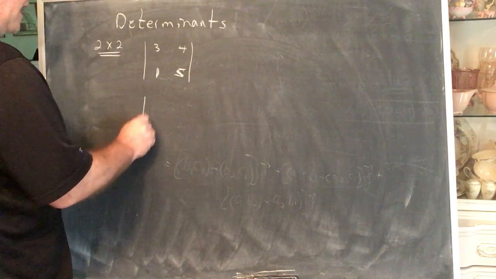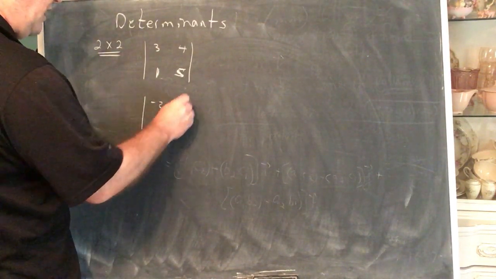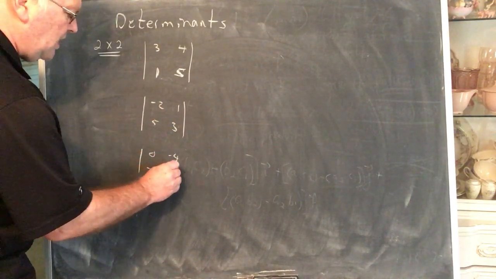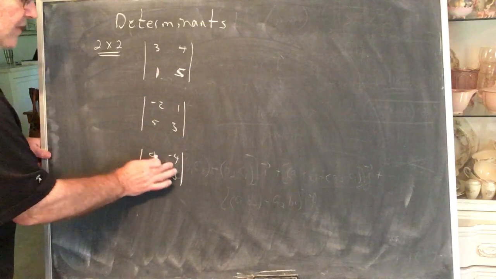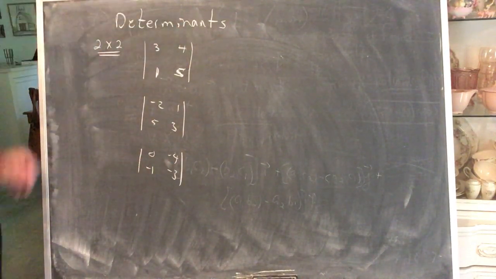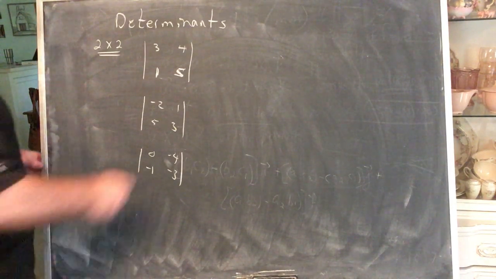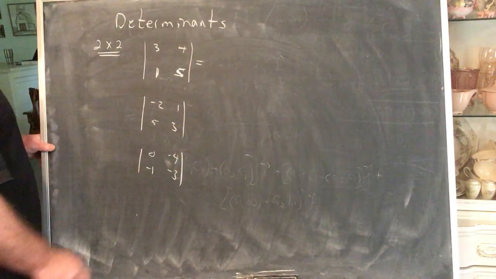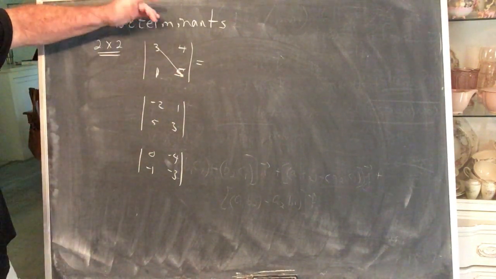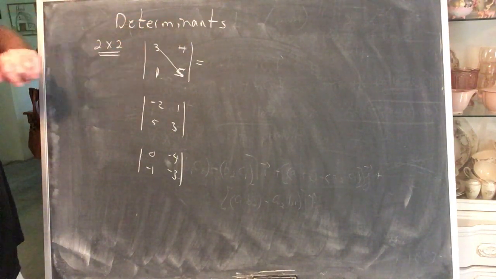And so another example might be negative 2, 1, 5, 3, or 0, negative 4, negative 1, negative 3. So any arrangement in a 2 by 2 grid with these vertical lines at the side may be used to represent a determinant. Now the computation is very straightforward. You multiply along what's called the main diagonal. This is the major diagonal, this is the minor diagonal.